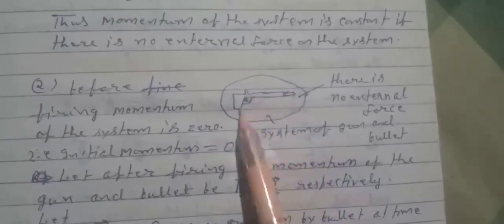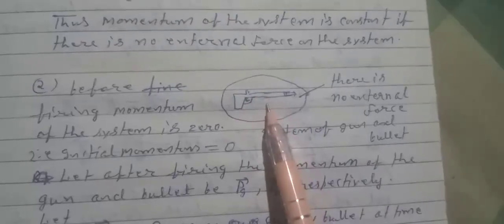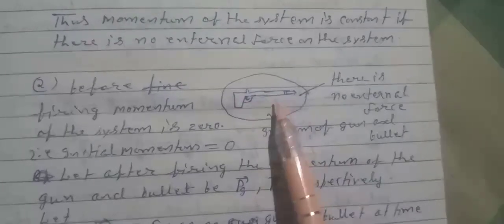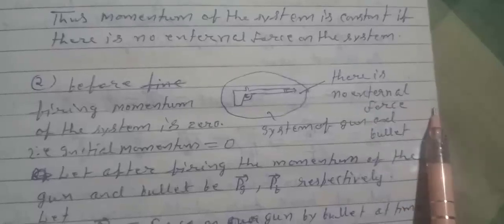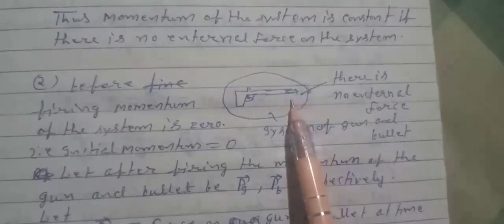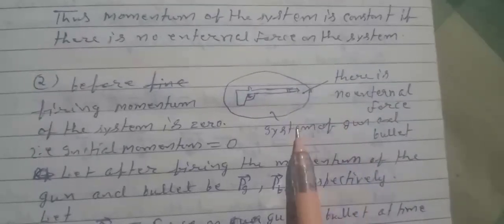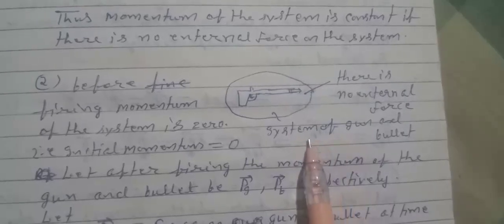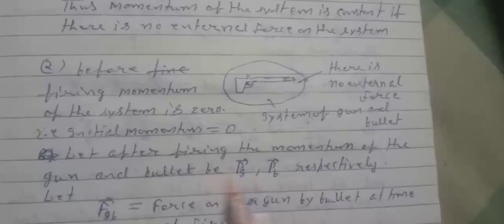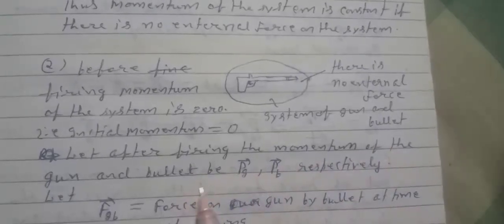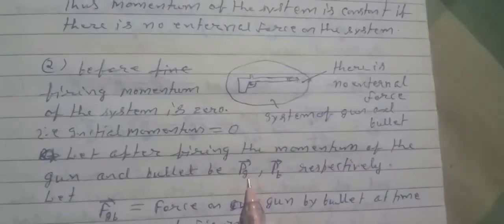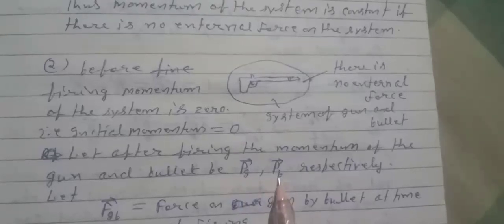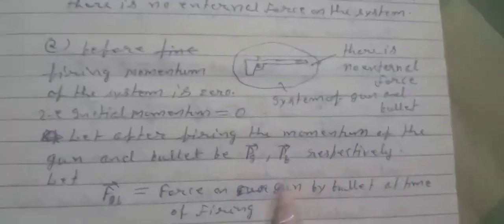Now we have considered it as an isolated system, that is, no external force is acting on the system. Let the momentum of the gun and bullet after firing be p vector g and p vector b respectively.